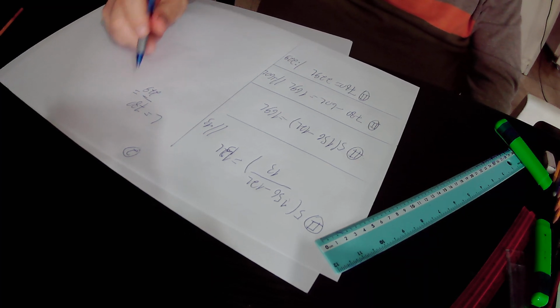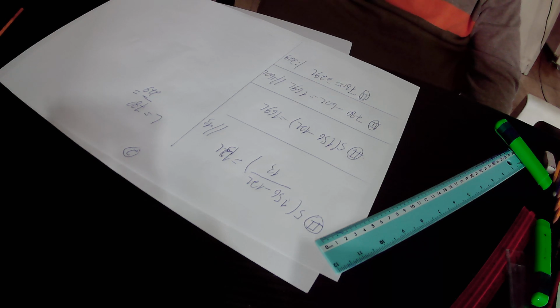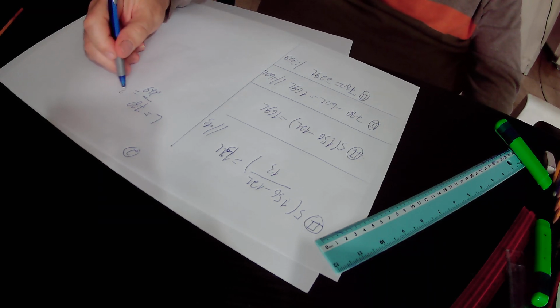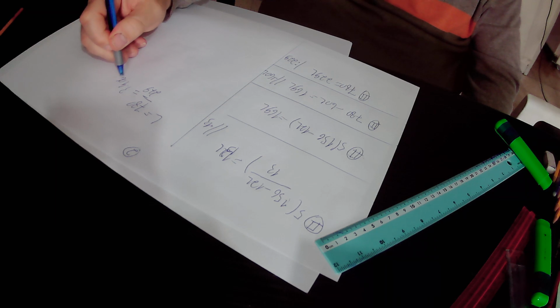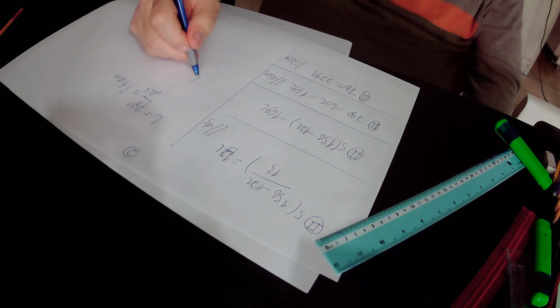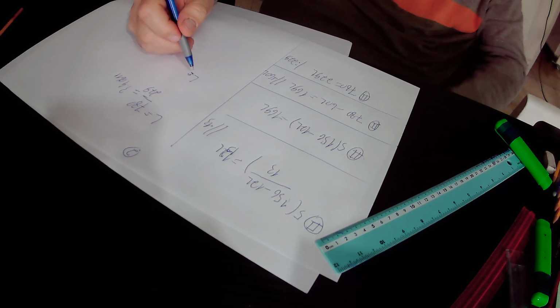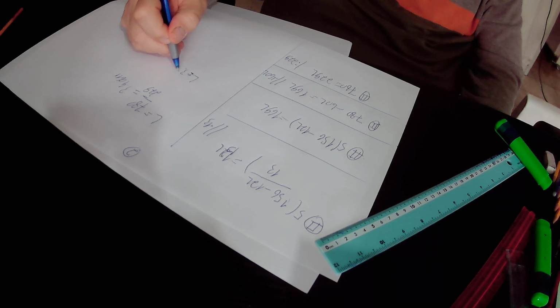and 780 over 229 equals 3.40611 units. So L, that is the length of one side of square DEFG, equals 3.40611 units.